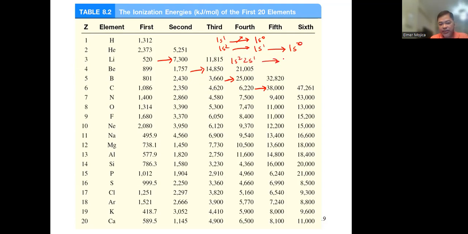After you remove the electron, you form 1s2. To remove the electrons in 1s2, you're going to need energy more than 10 times that of removing the first electron. That means if you have a full s orbital, you're going to disturb a very stable system, and when you disturb a very stable system, you need a very high energy.